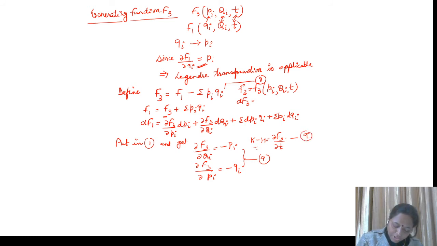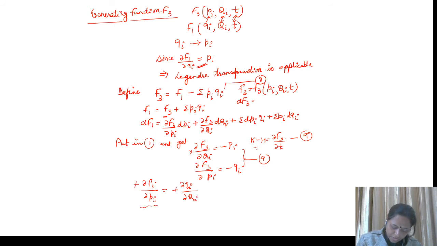From the two relations, again you will get the Maxwell relation, and that relation says delta pi delta Qi differentiated minus delta Qi delta pi.